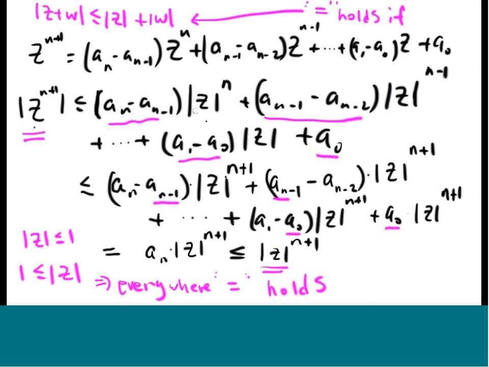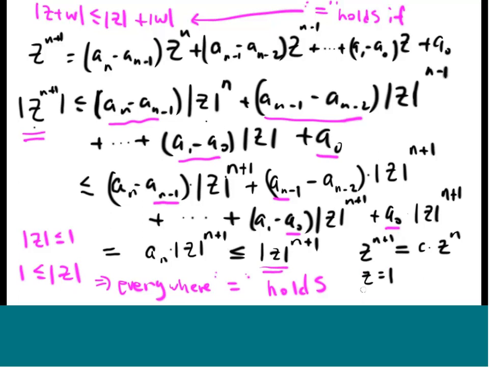So Zn plus 1, even under the 1 is going to be only different by a real number. Actually, Z only can be 1.